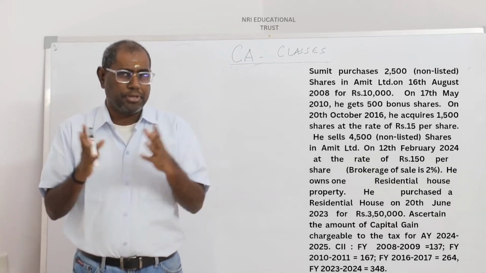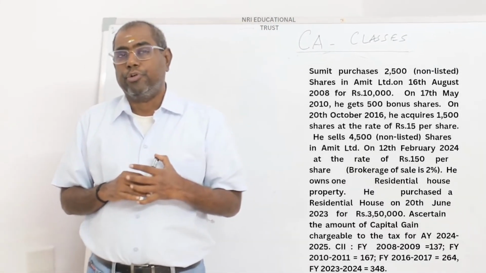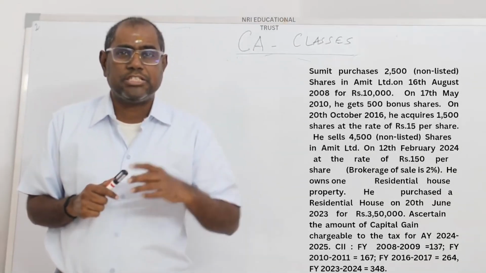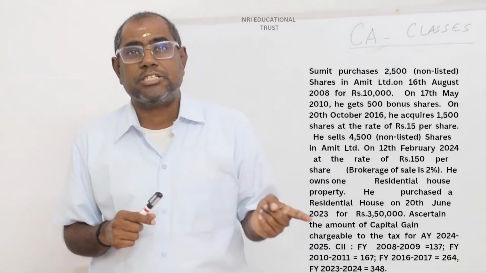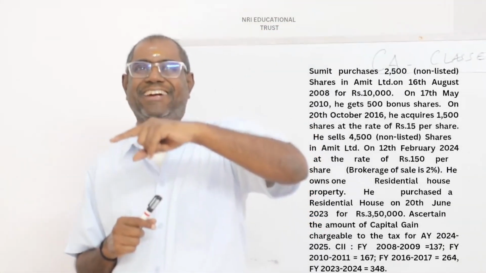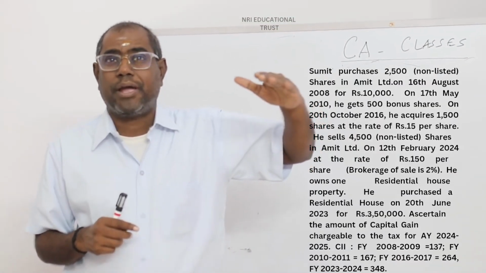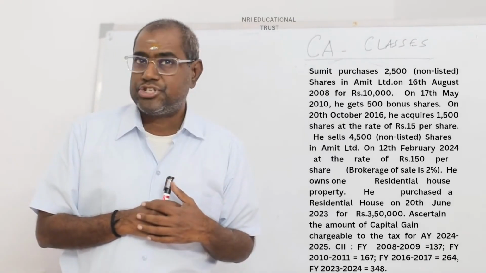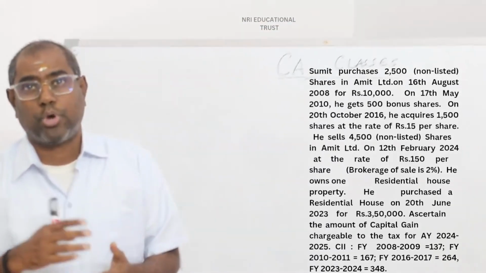But the issue here is that 54F exemption is not on full value of consideration, it is on net consideration, meaning full value of consideration minus expenses incurred on transfer. In this problem, 2% is given as the brokerage on sale.